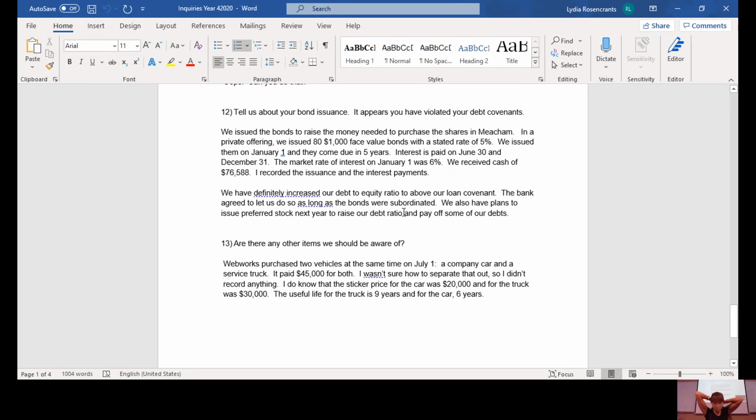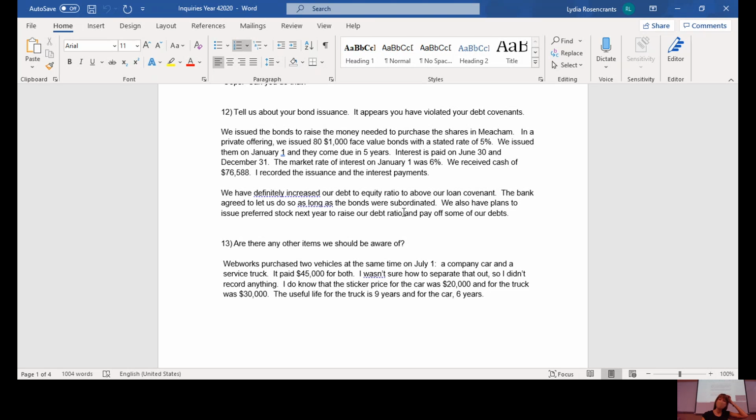All right. So we asked him to tell us about his bond issuance. Just as a small aside here, they do have debt covenants related to the loan that they received in year 2. And a debt covenant is simply a requirement by the lender on someone who has borrowed money, to protect the lender.